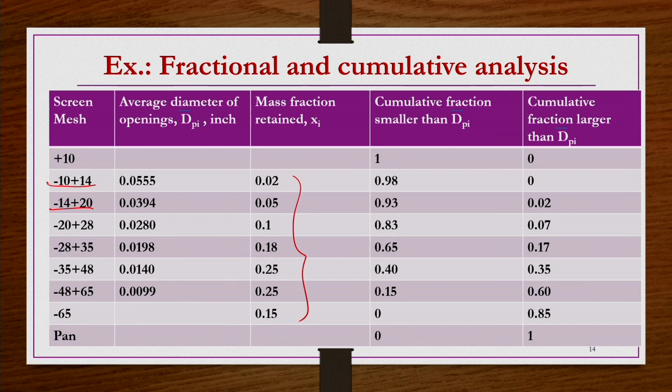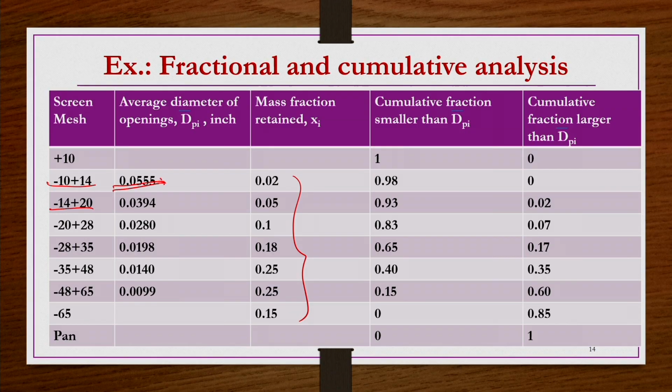The dp, the screen openings from the Taylor screens we have already seen, right. If you take the average of those dp's, that is the dp of 10 mesh plus the dp of 14 mesh divided by 2, then you get this number, 0.0555, in inches. Other averages are also like this.